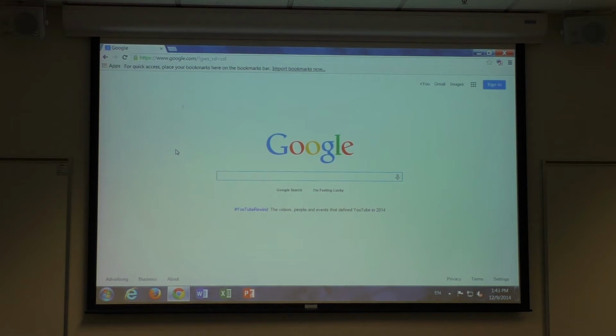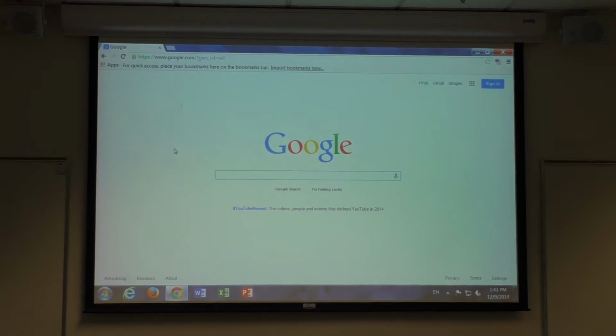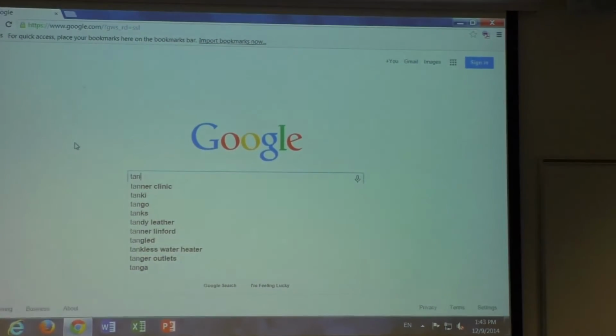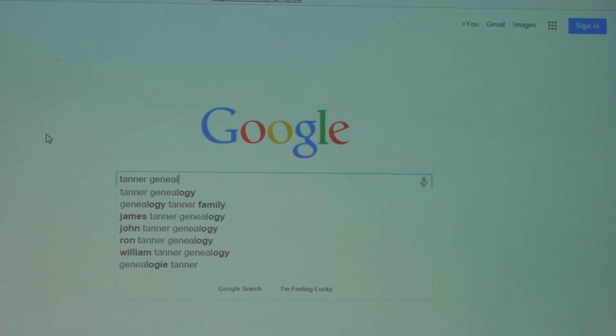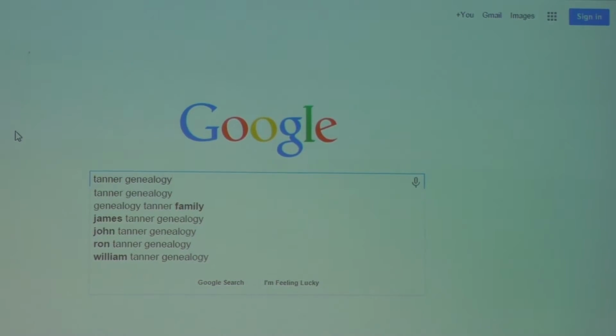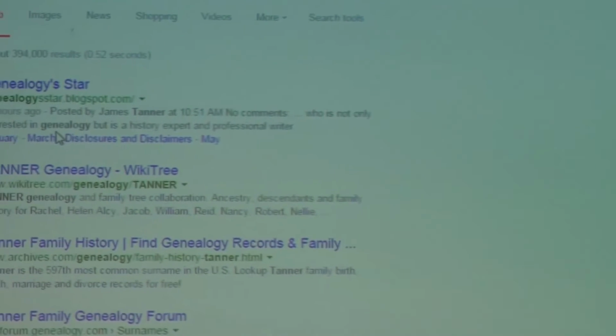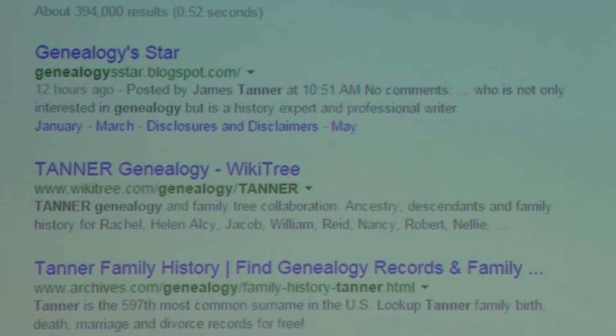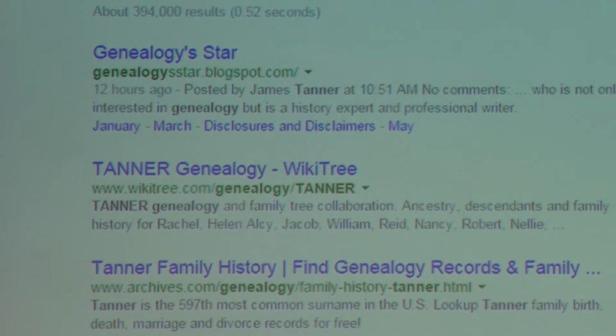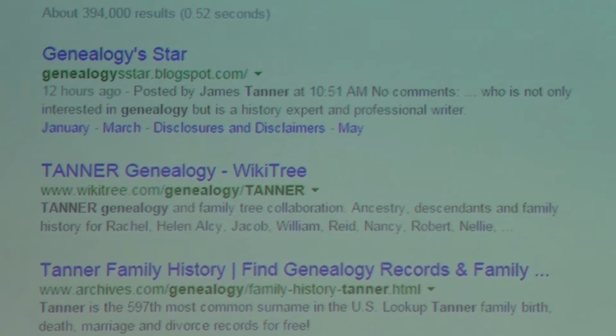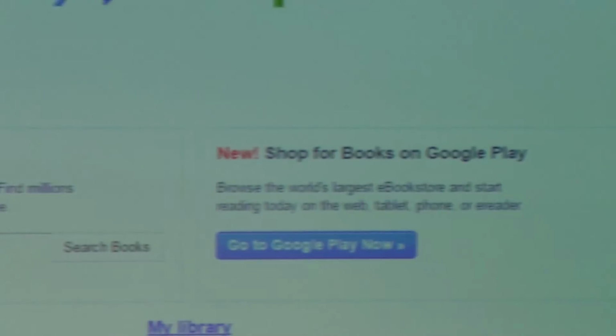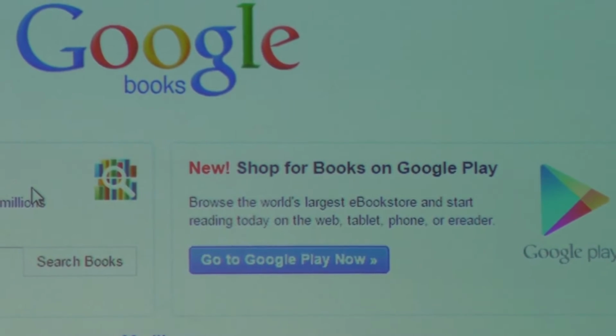So let's say I was looking for Tanner genealogy. I look for Tanners and I want to know about Tanner genealogy. I've got to start out in books, so let's go to books and look up Tanner genealogy.